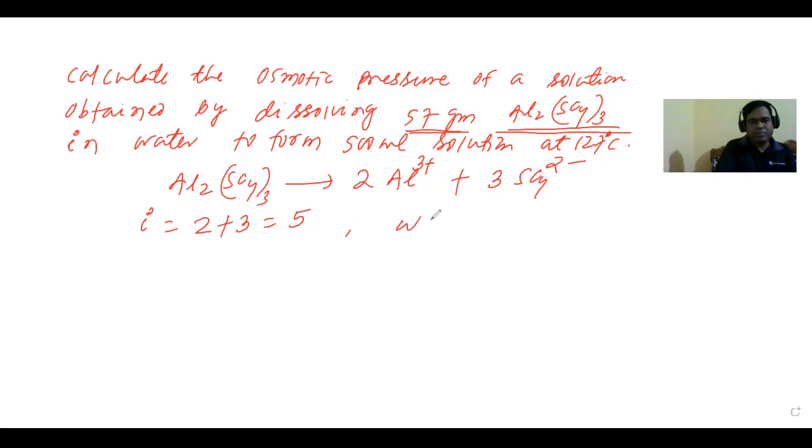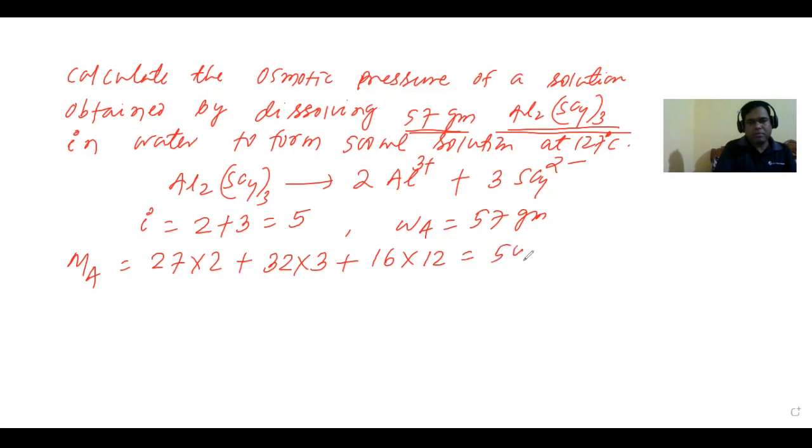And WA, weight of solute, that is aluminum sulfate, equal to 57 gram. And molecular mass of aluminum sulfate, how much? Aluminum atomic mass is 27 into 2, plus (SO4)3: sulfur mass is 32 into 3, and oxygen mass is 16 into 12.